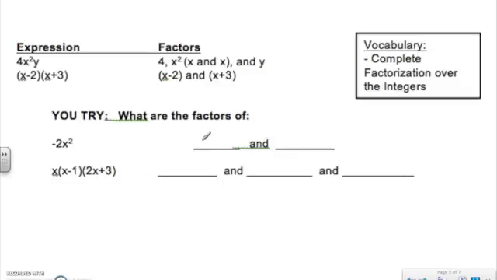The two things that we're multiplying together are negative 2 and x squared. If we look at the next one, where we have the three pieces, we're going to have a factor of x, a factor of x minus 1, and a factor of 2x plus 3.